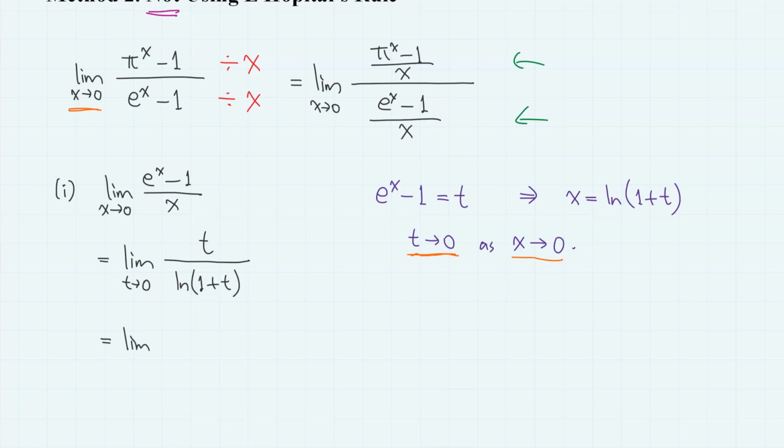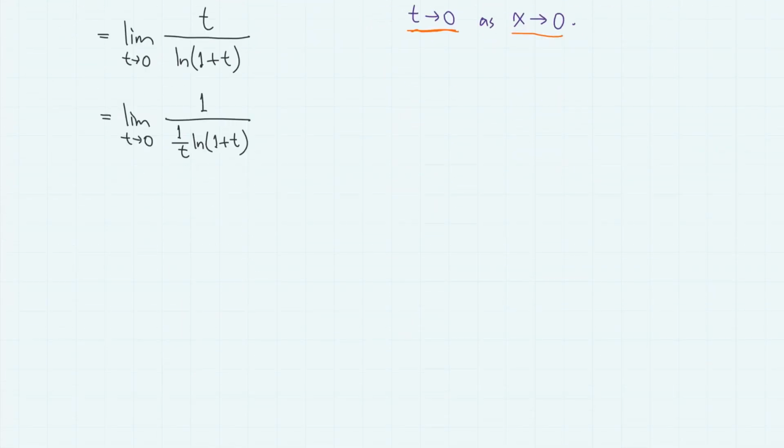Here we can write this as 1 divided by 1 over t at the denominator times ln 1 plus t. And here, this 1 over t can go to here, so we can write ln 1 plus t to the power of 1 over t.